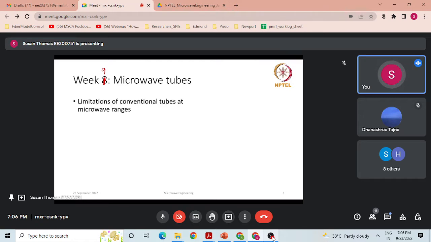It begins with the limitations of conventional tubes at microwave ranges, or the need for microwave tubes, which we discussed. The professor has discussed the klystron amplifier, then the reflex klystron oscillator, the magnetron oscillator, and also the TWT amplifier.